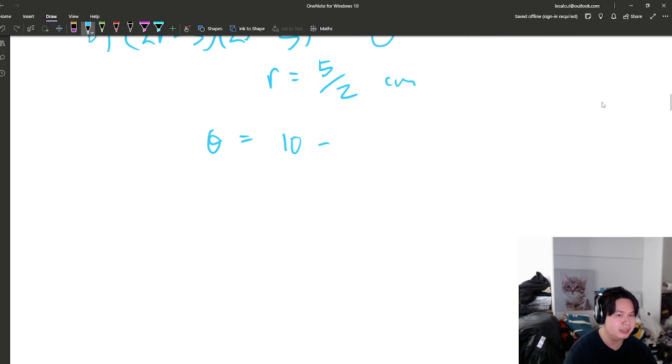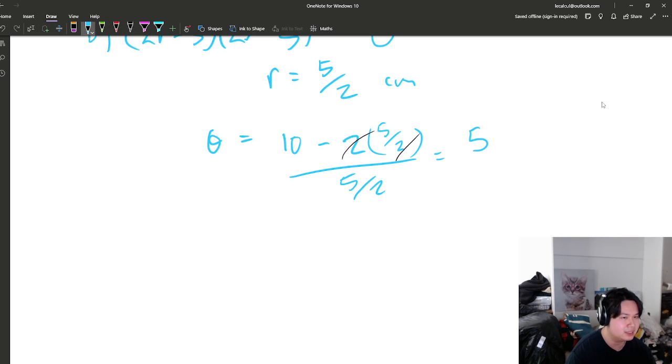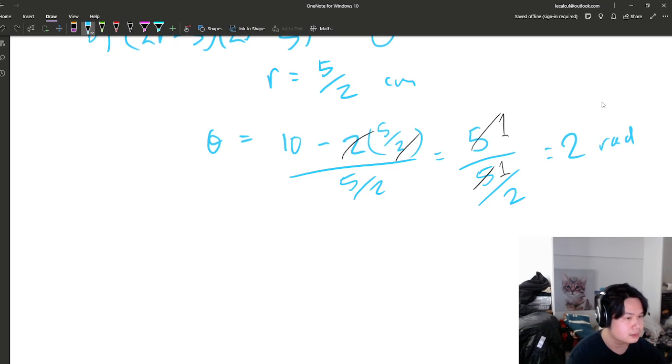So theta is 10 minus 2r over r. So this is just 10 minus 5, which is 5. And then 5 will divide by 5. So this is 1. This is 1. And then 1 divided by 1/2 is 2, right? So this is 2 radians. Easy peasy.